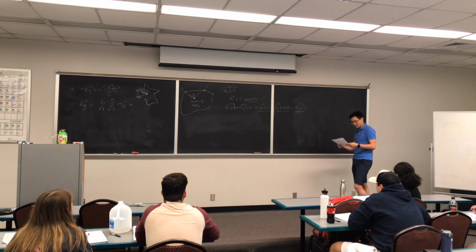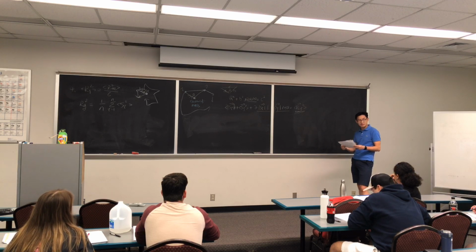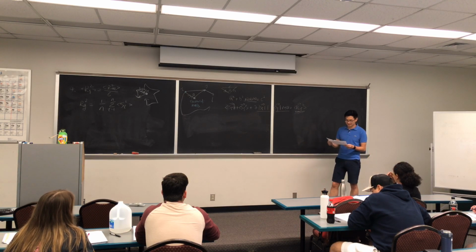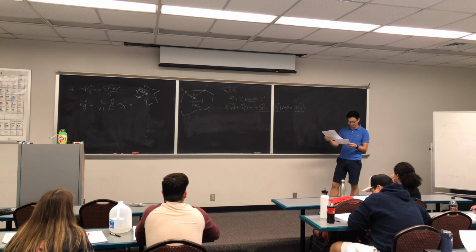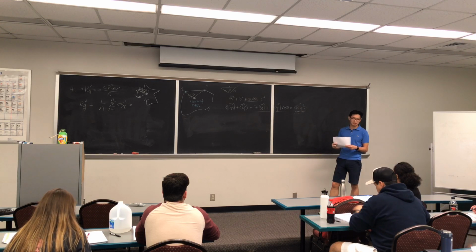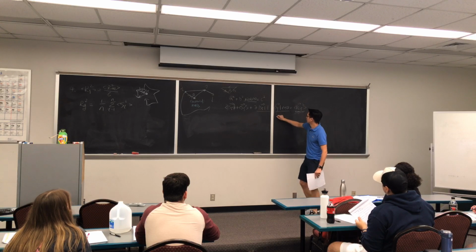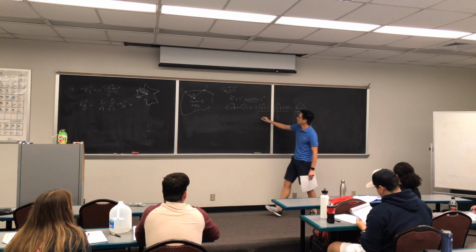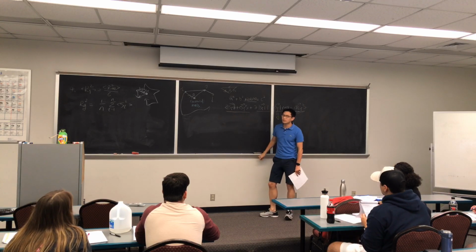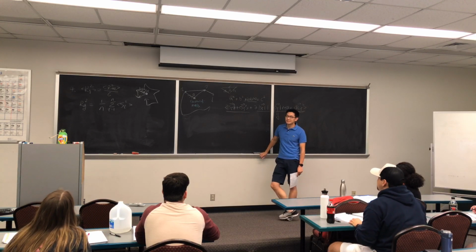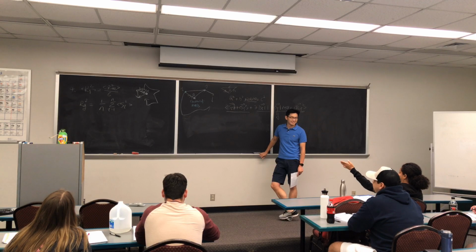Anyone have any answer? How about this part? That should be equal to 0. Very good answer. We will get into why this would be 0. How about these two? Check the board across from you.